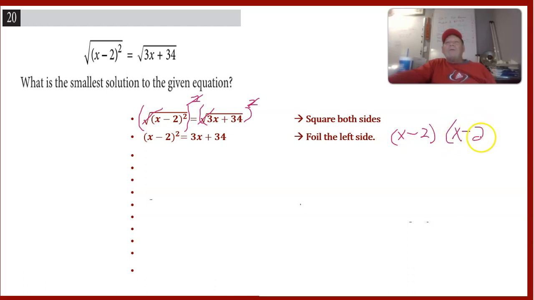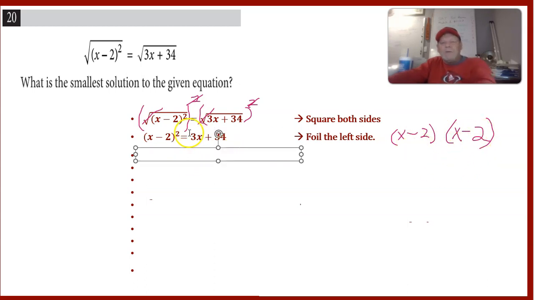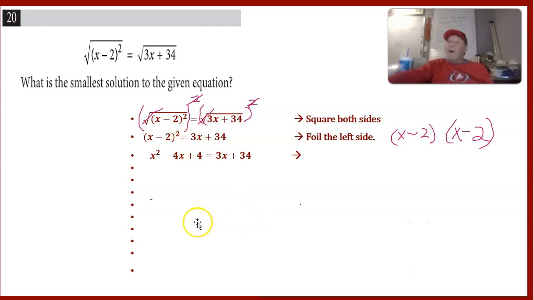Now, there's also a shortcut to this where you're just going to know that you take your x squared, and double the negative 2x because we're going to add another negative 2x to it. And that was a special product. So x squared minus 4x plus 4 is this number foiled.